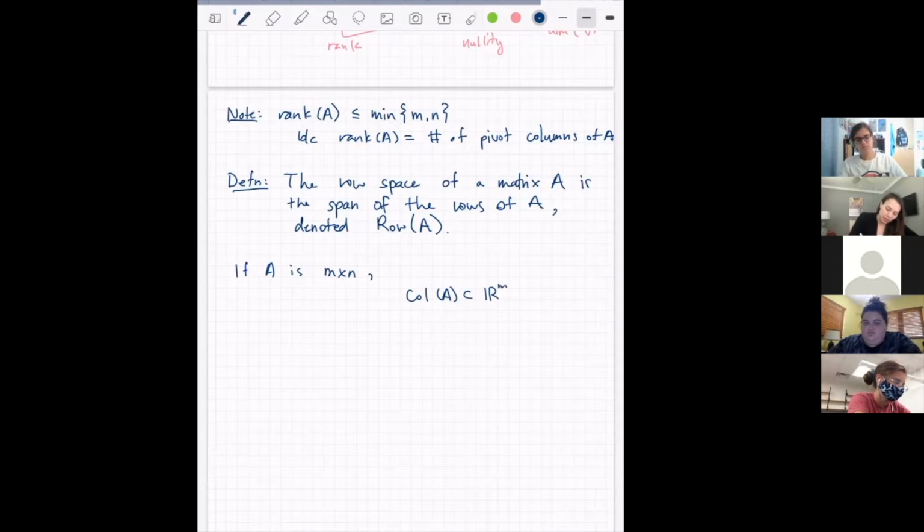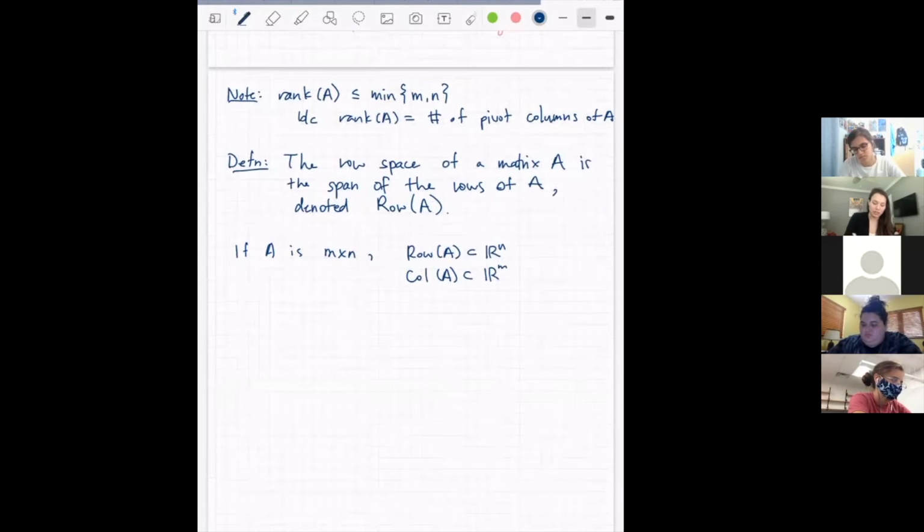And then the row space will be a subset of Rn, right? Okay, so these do live in two different spaces, right? So if you're thinking about this as a linear transformation, the row space is on the domain side, the column space is on the codomain side.